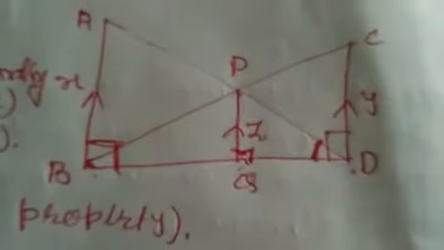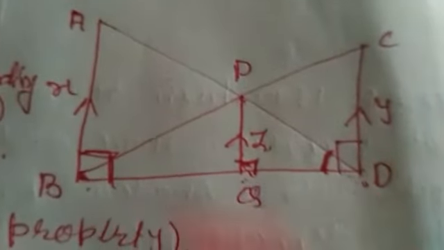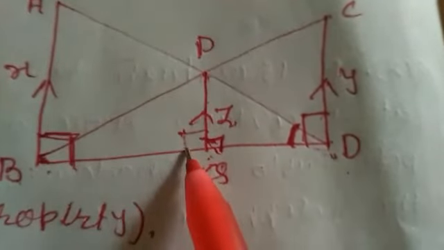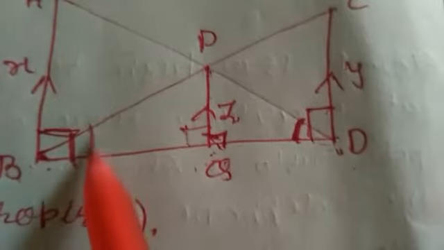Now similarly, we have to make similar again two triangles, that is CDB and PQB. We have to make these two triangles CDB and PQB similar. So in these two triangles also, angle D will be equal to angle Q because of corresponding angles, and this angle B will be common in both triangles.